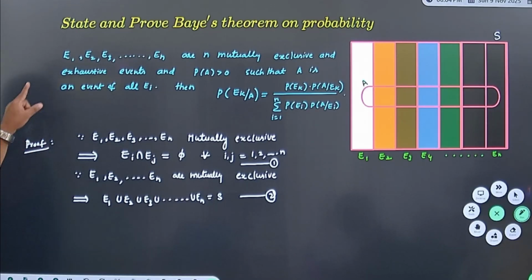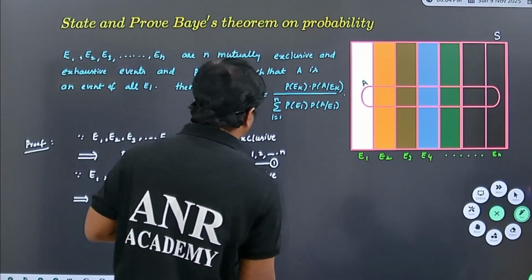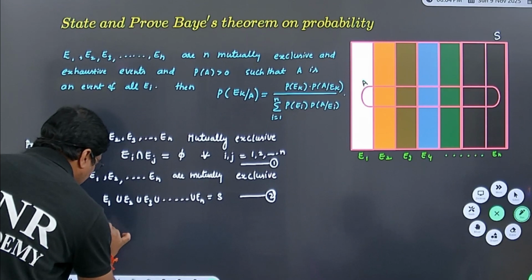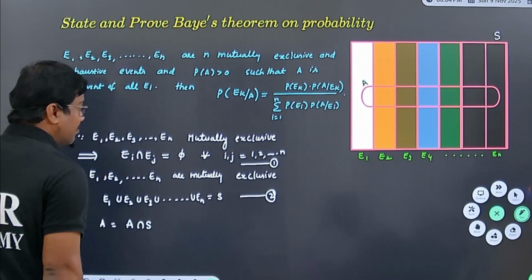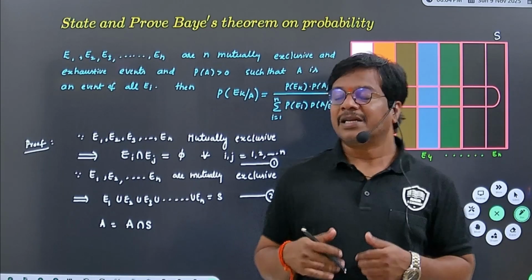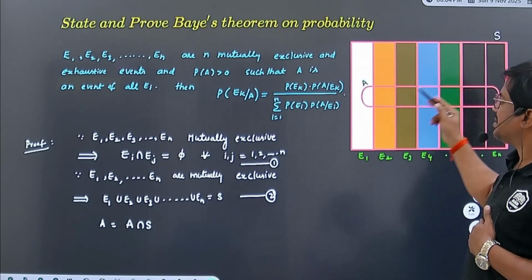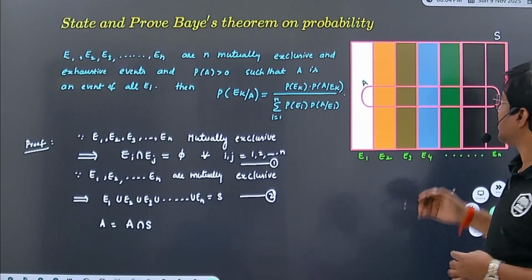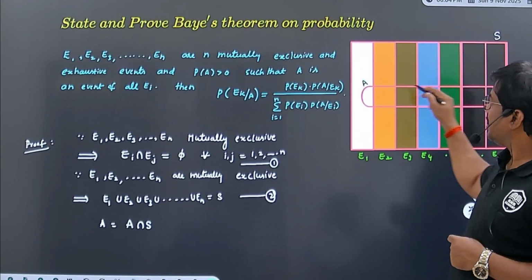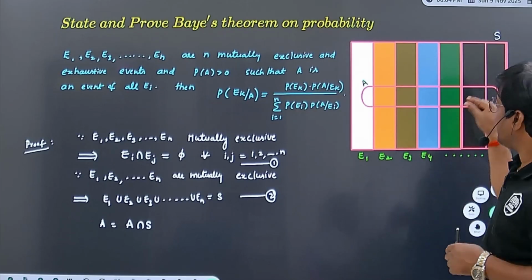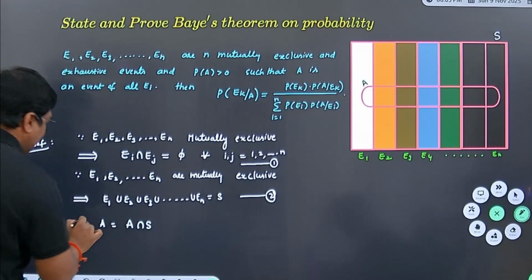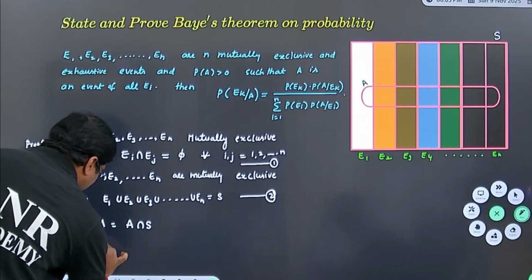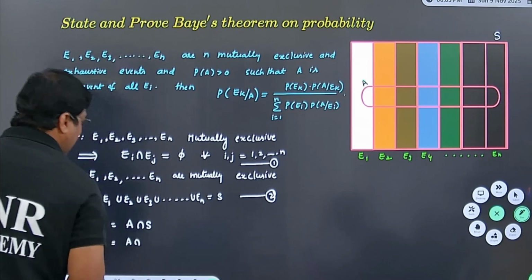Next, given that A is an event of all Ei, here I can write A as A intersection S. A intersecting with S automatically becomes A. Why? Because S is the sample space and A is a smaller part of it, so A intersection S is again A. This is from the figure.